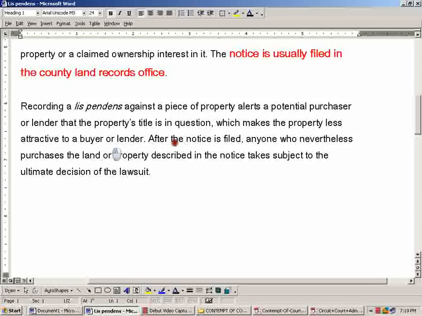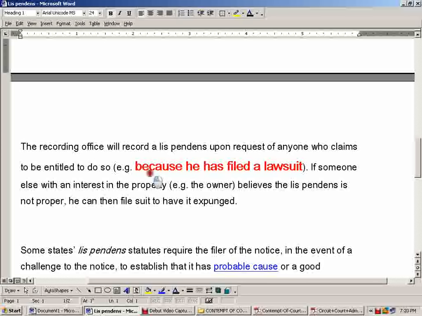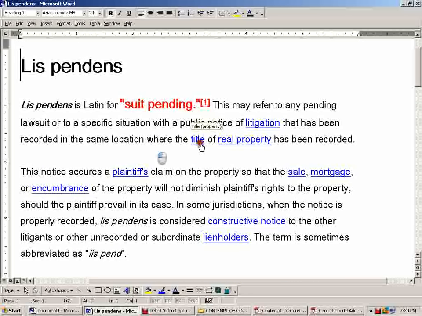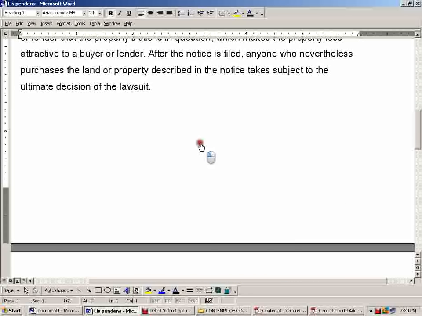After the notice is filed, anyone who nevertheless purchases the land or property described in the notice takes subject to the ultimate decision of the lawsuit. Okay, the lawsuit that's been recorded where the title to the real property is. We need to find that office.